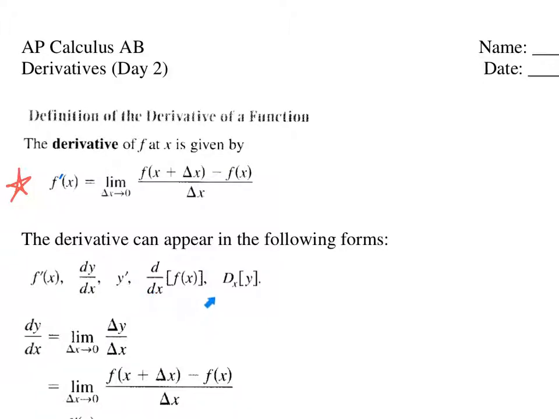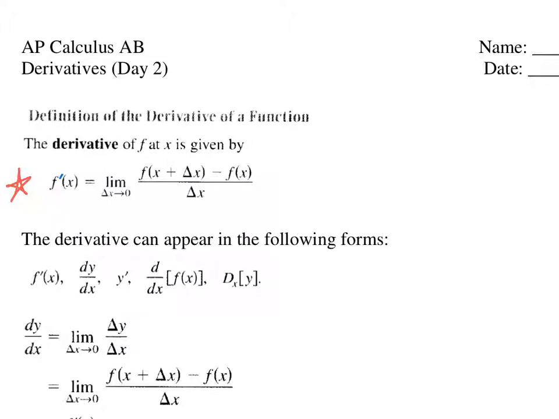Okay? Or sometimes you'll even see it like this. You'll use a capital D to represent derivative. The little x means it's with respect to the variable x, and in the brackets is what you're taking the derivative of. That you see much less often, but it's out there, so now you've seen it. These first four are the ones we use much more often.